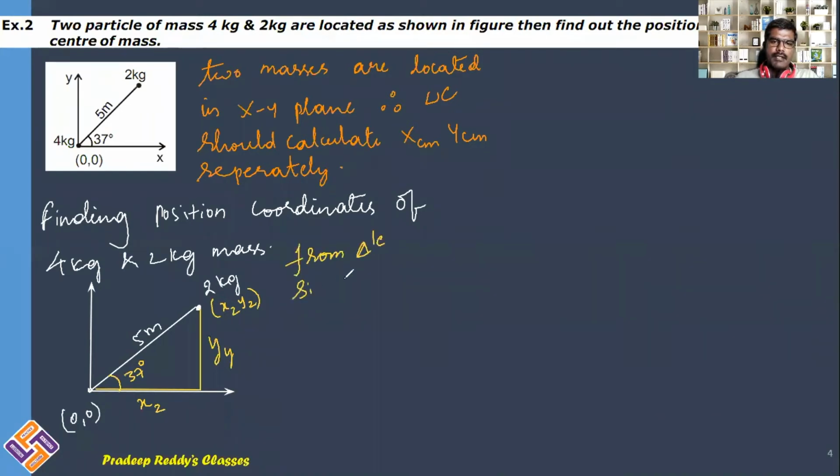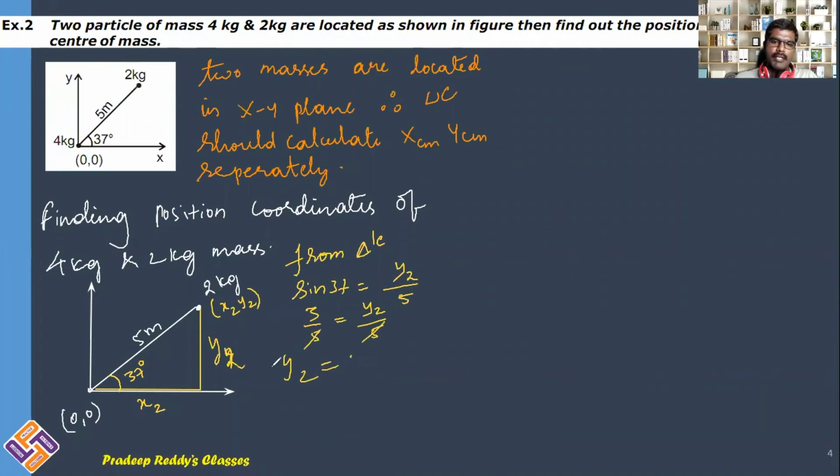Sine 37 is equal to opposite side y2 divided by 5. Sine 37 is opposite side divided by hypotenuse. Opposite side is y2 and hypotenuse is 5 meter. Sine 37 is equal to 3 by 5, which is equal to y2 divided by 5. 5 and 5 get cancelled.